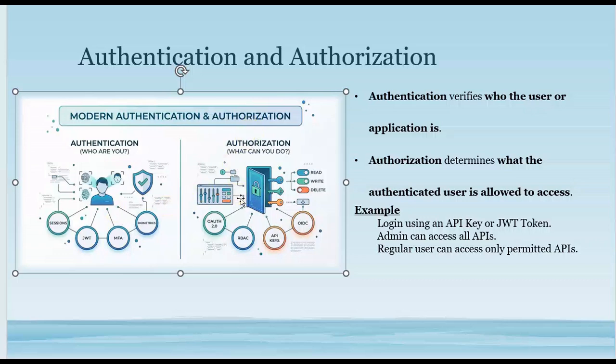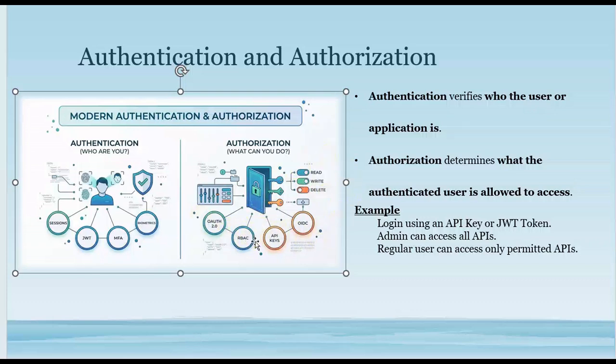On the right side, we have authorization, which answers the question: what can you do? After verifying the user, the system decides what actions the user is allowed to perform, for example permissions like read, write, or delete access. Technologies like OAuth, API keys, RBAC, and OIDC are used here.